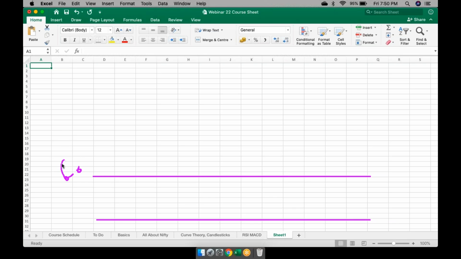From the bottom, when it is crossing, make an entry. The target is RSI 60, book profit. Very simple. When it comes down, no entry. Going down, again there's an entry.